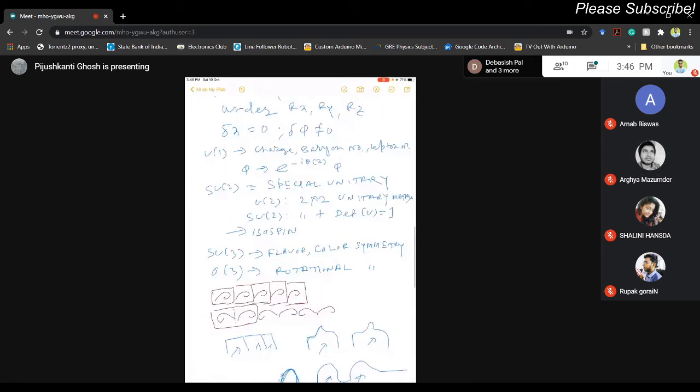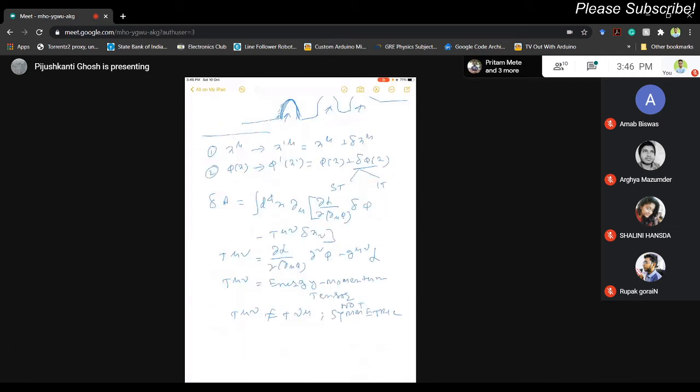Now look, what I was talking about. In order to derive Noether's theorem, we vary the action, and then there are very lengthy steps.